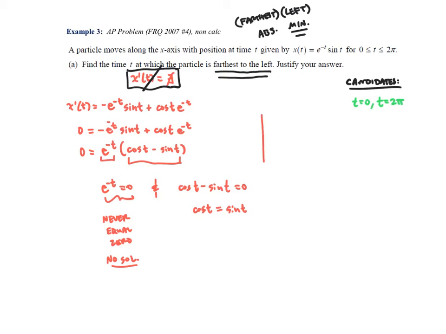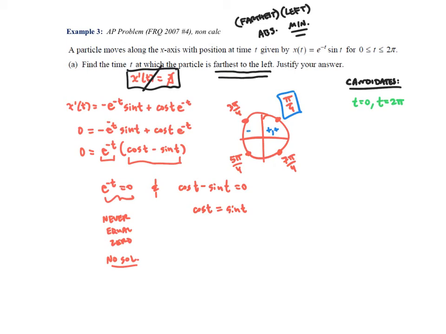Well, if I were to look at the unit circle, at my pi over 4 locations, at pi over 4, at 3 pi over 4, at 5 pi over 4, and at 7 pi over 4, sine and cosine have the same value, but some of their signs vary. One is positive, one is negative. Let's determine which ones will work for us. In quadrant 1, we get positive sines and cosines, so sine and cosine would be equal there.